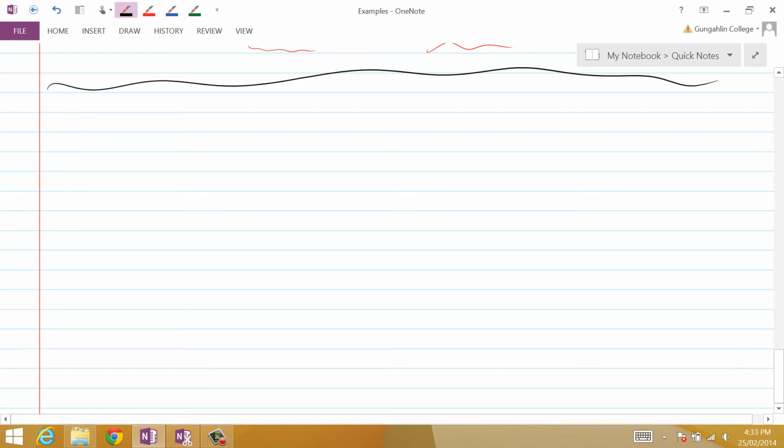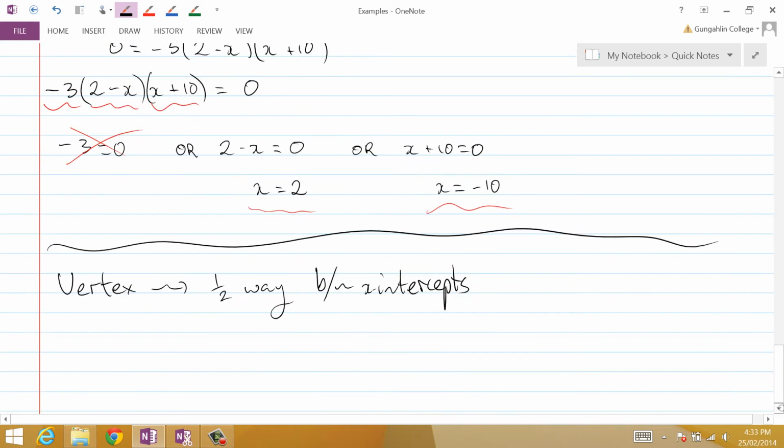The final thing we need to work out is the vertex, and as I said before, it's probably the messiest when it comes to this stuff, but it's not too bad. The vertex is always halfway between the x-intercepts. The two x-intercepts are 2 and minus 10.